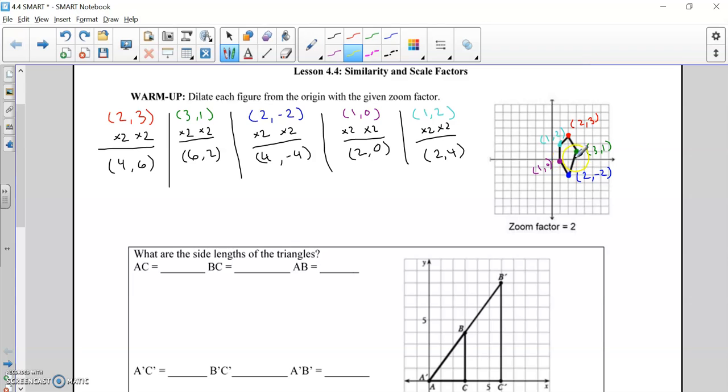So 4, 6, we'll go right 4, up 6. 6, 2 is going to be right 6, up 2, and then 4, negative 4, right 4, down 4, right 2, up and down 0, so this will be right here, and then 2, 4 is going to be right 2, up 4. All right, these are the vertices of my new shape, so it's going to look something like this.